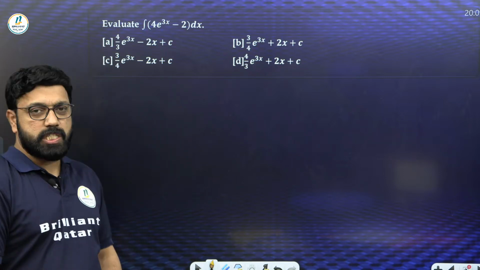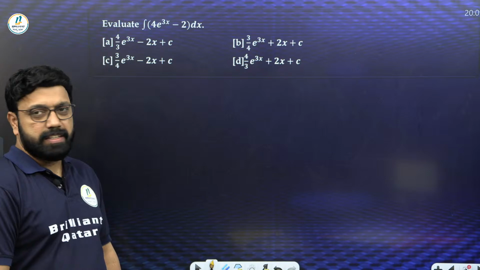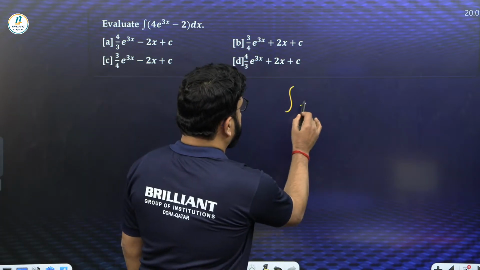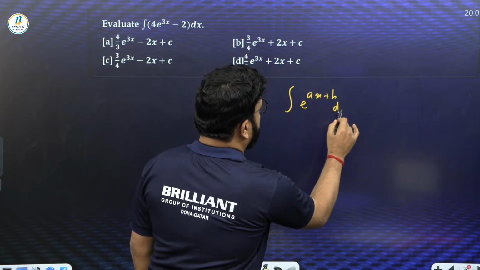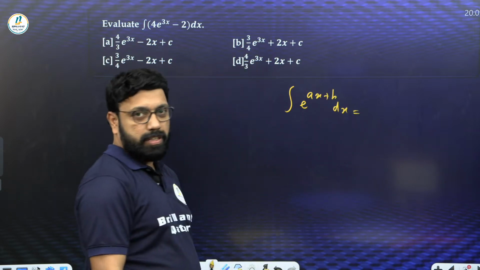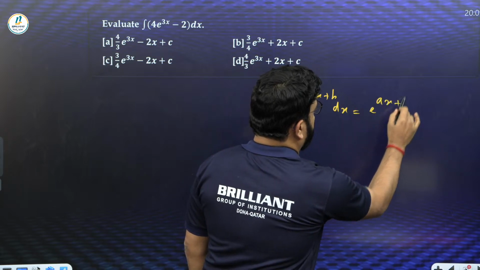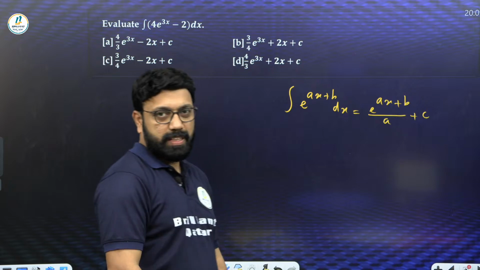How can we solve this one? 4 e raised to 3x minus 2. You know, the integral of e raised to ax plus b dx equals what? It equals e raised to ax plus b divided by a, plus c. How?